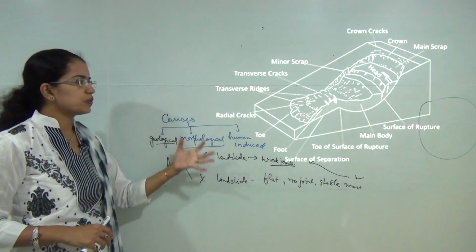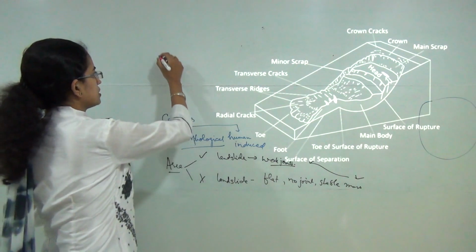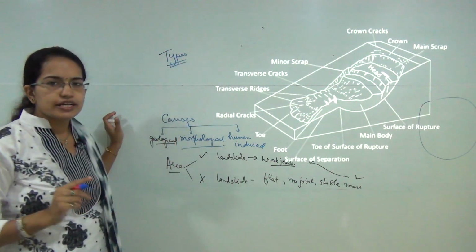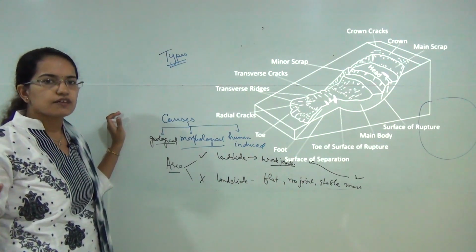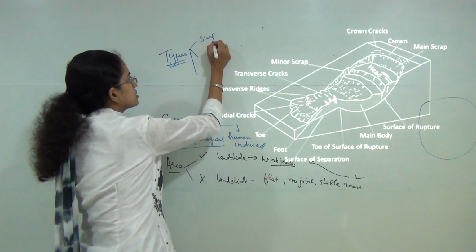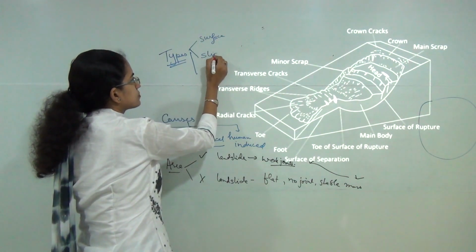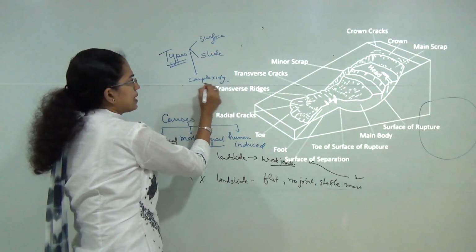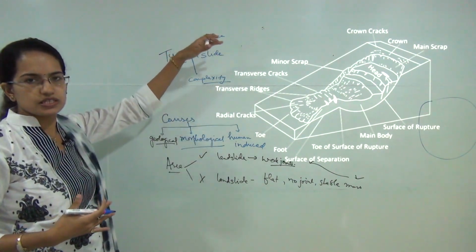Now based on this, we can classify landslides into certain types. When I say classification of landslides, we can broadly divide it into three types: the surface, slide and complex. Complex landslide would be a mixture of these.